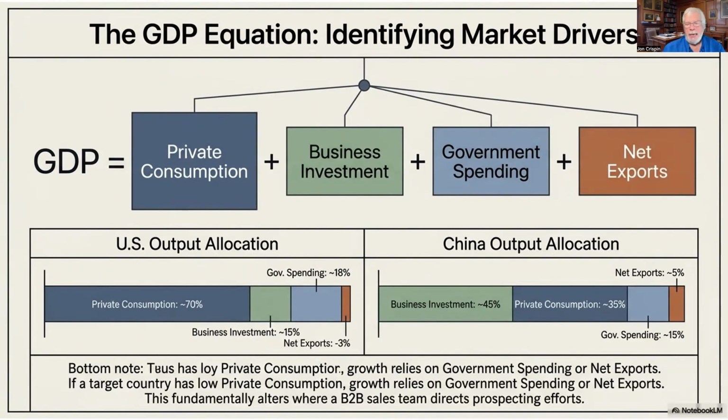So down below is the U.S. output allocation, and look how different it is from the China output allocation. China has a significantly lower level of private consumption than the United States, and conversely, their business investment is significantly more.